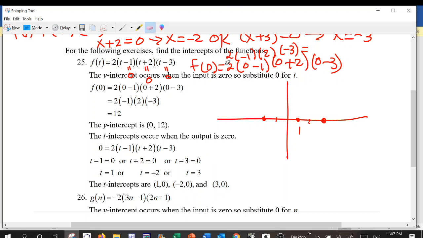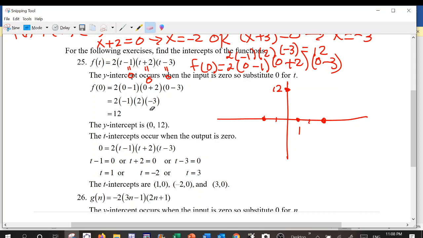So the y-intercept is 2 times -1 times 2 times -3, so it's going to be positive. 2 times 2 is 4, 4 times 3 is 12. So we assume this is 12 here. That's what it looks like. And if you know the end behavior of this, you can actually graph this, and we're going to do that in the next section.